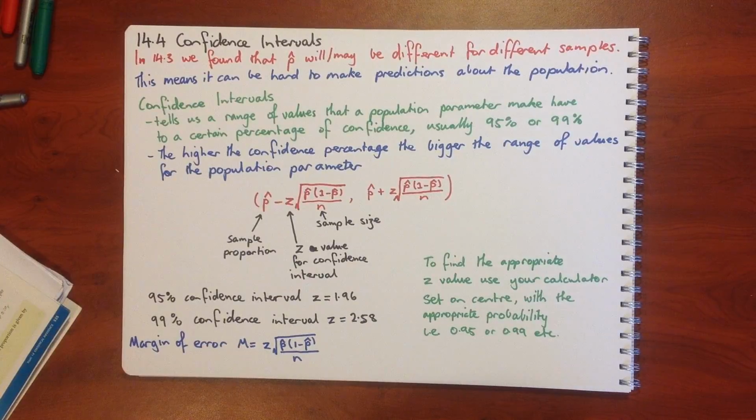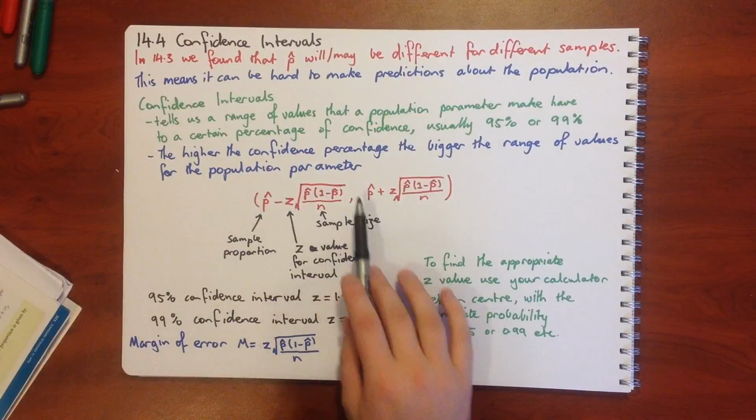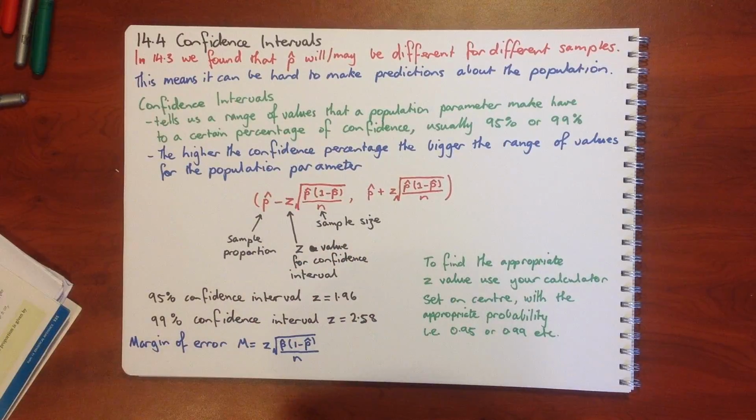We find our confidence interval by this formula. It looks horrible: p hat minus z times the square root of p hat times 1 minus p hat, over n, to p hat plus z times the square root of p hat times 1 minus p hat, over n.